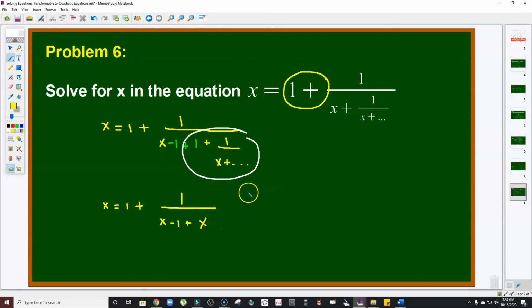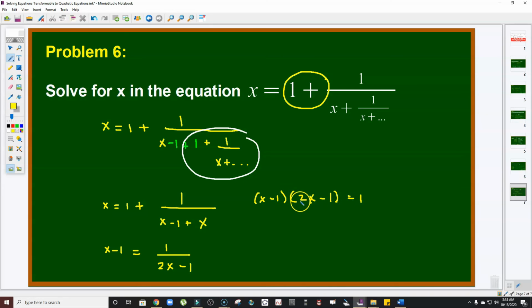See that? Then back to what we usually do. So that is x minus 1. Transposing, 0 equals 1 over x plus x is 2x minus 1. See that? Then cross multiply. So that is x minus 1 times 2x minus 1 equals 1.